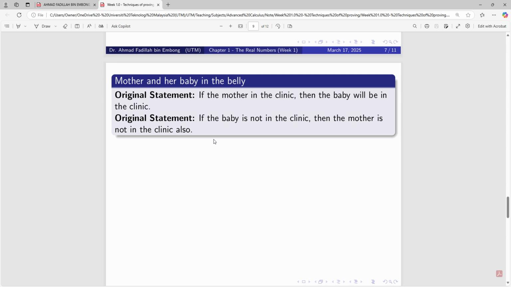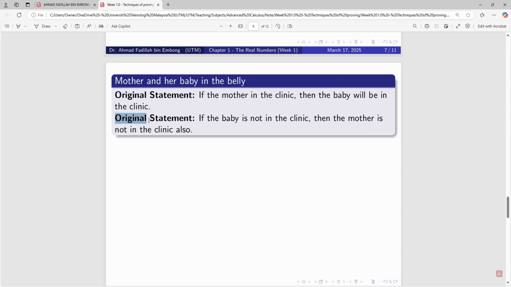So I repeat, if the mother is in the clinic, then the baby will be in the clinic. Of course you can imagine that if the mother is in the clinic, then the baby inside the belly will also be in the clinic. Okay, sorry, this one should be the contrapositive statement, not the original statement.